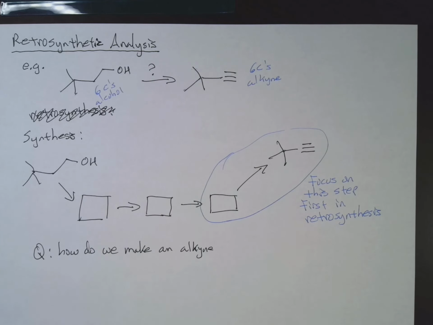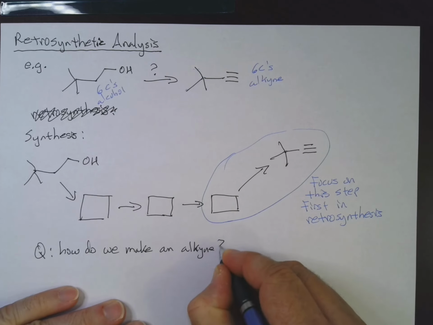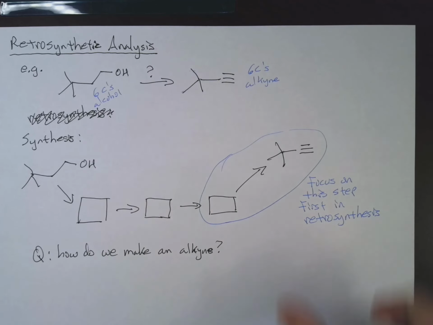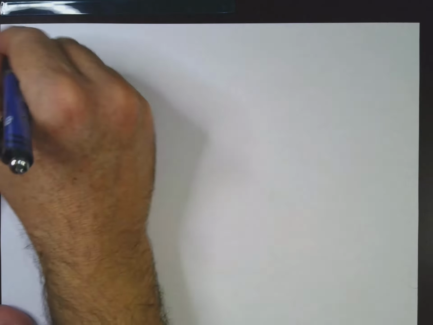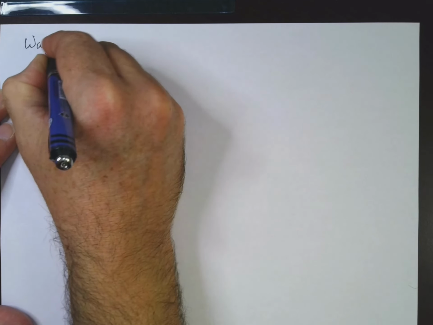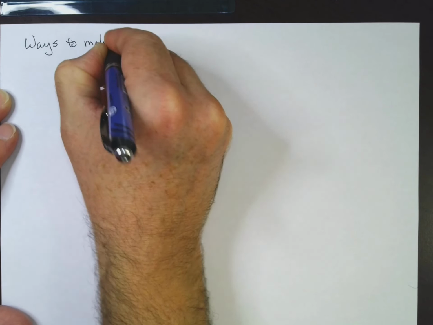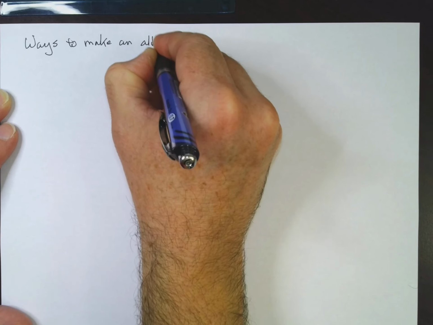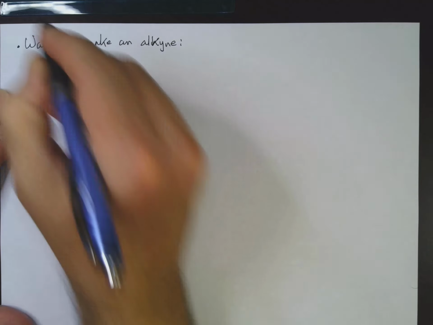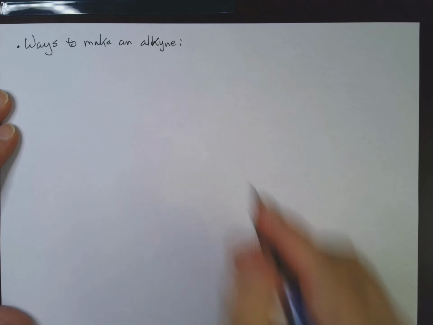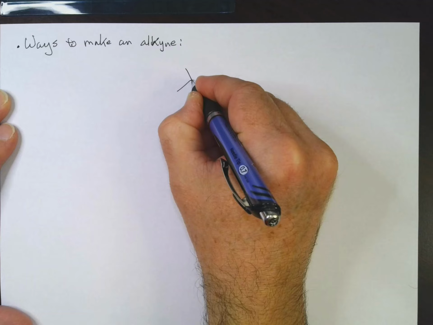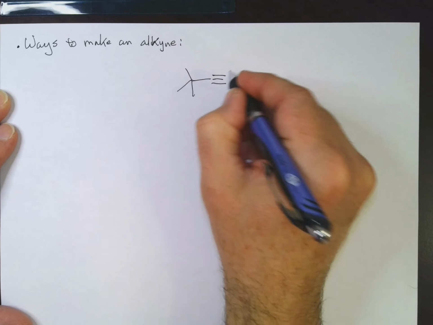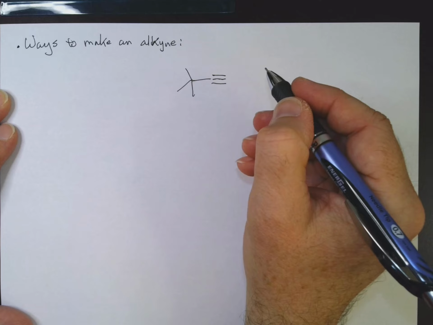So if we were going to do our retrosynthesis, typically we'd write out a retrosynthetic arrow, but before we do that, however, look at ways to make an alkyne. If this is my alkyne, how can I make it?